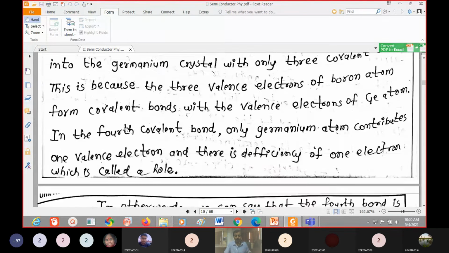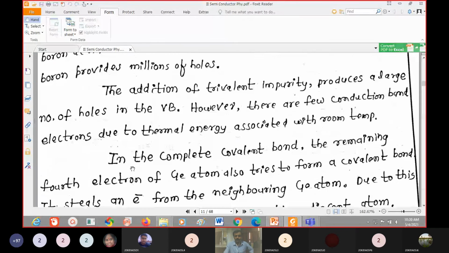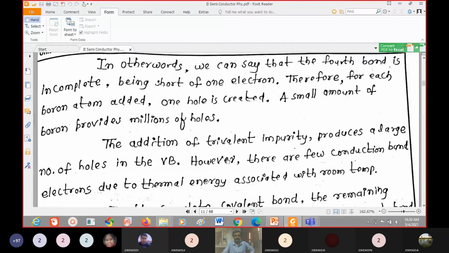Now, the addition of trivalent impurity produces a large number of holes in the valency band. These holes will be present in the valency band only.